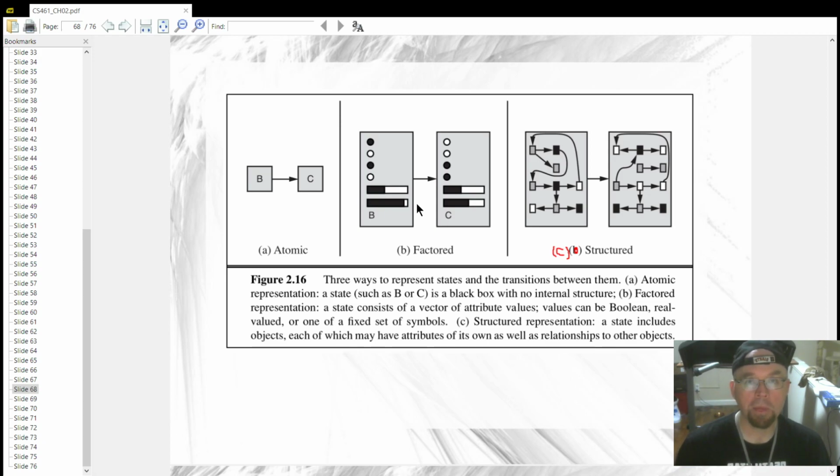Tic-tac-toe board, you've got 9 squares, right? So you've got 9 different values that you have to keep track of, okay? And each one of those squares could have 3 different possible values, X, O, or blank, right? So that's way more complex than just that atomic representation.